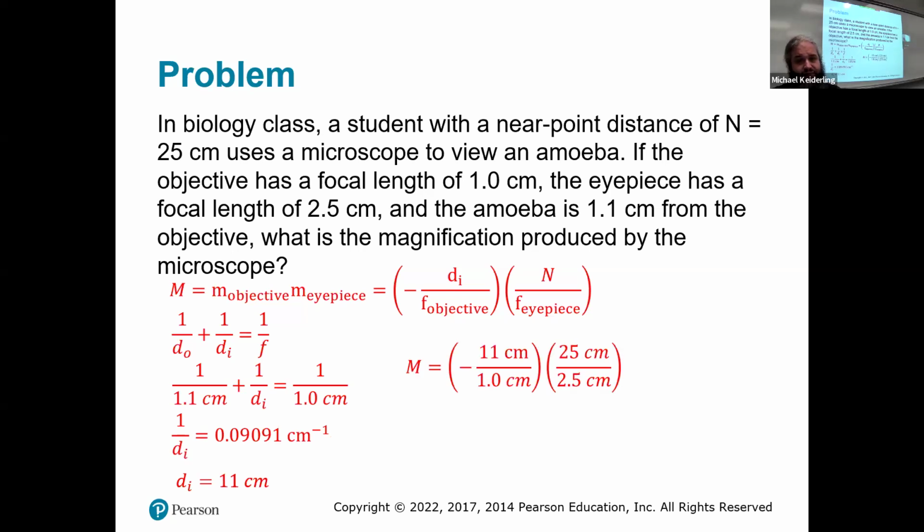So we can plug that in. Minus 11 centimeters over 1 centimeter times n, 25 centimeters over 2.5 centimeters, ends up being minus 11 times 10, so minus 110.